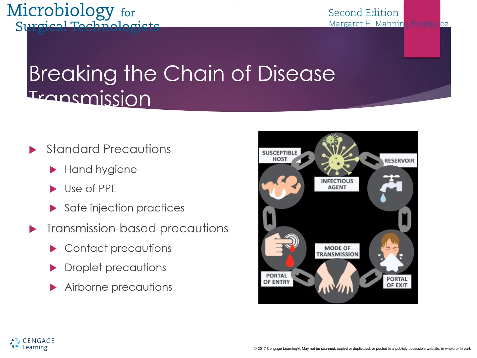Basically, standard precautions say that any type of body fluid, whether it's blood, semen, sweat, secretions from mucous membranes, urine, any of those fluids could possibly contain transmissible infectious agents.